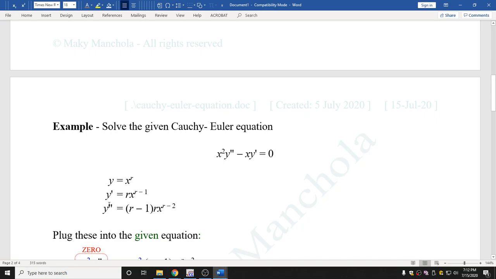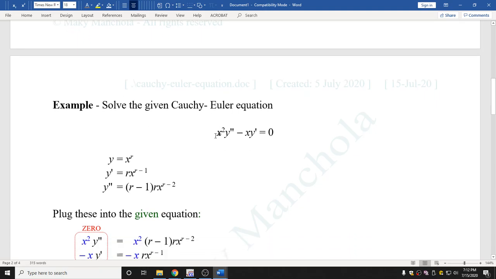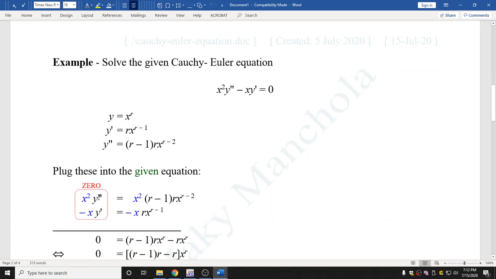What we want to do is plug y'' and y' into our equation. So let's write y'' times x^2, which in this case is x^2 times our expression for y'', which is (r-1) r x^(r-2).